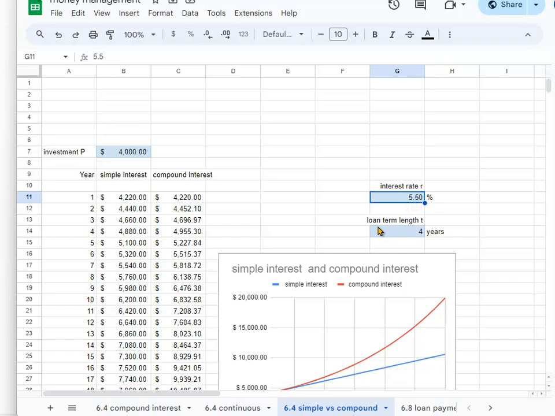So I can either divide that by 100 in any formula that I use. Notice here in the formula I actually don't do that. However, see this little purple part here, if that's the color, which highlights this field here. So this is actually where in really faint gray I put the decimal, and that one actually divides the percentage rate by 100. So that's how I get the percentage into the decimal.